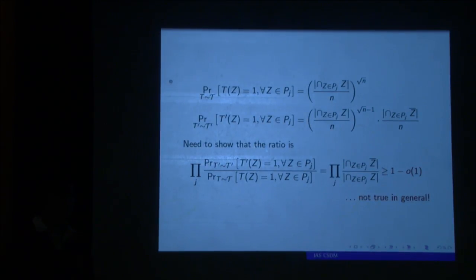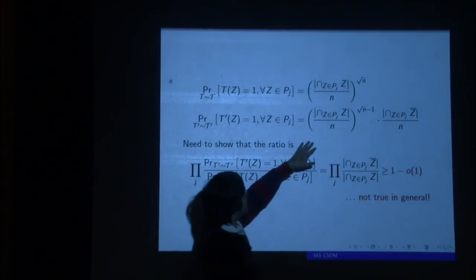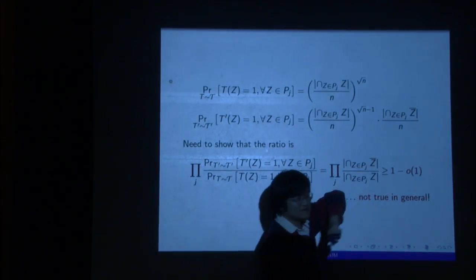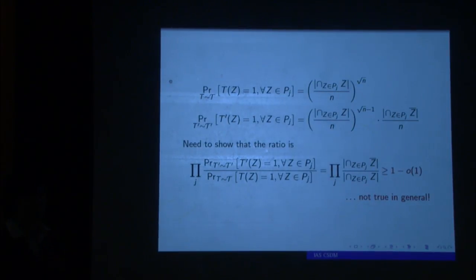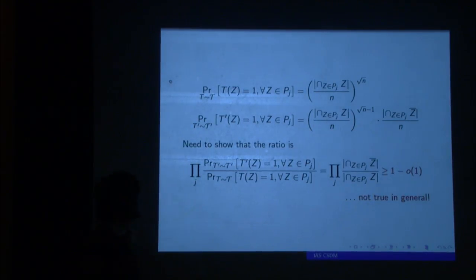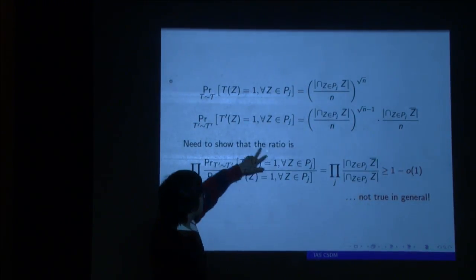That's exactly the probability. For the no case, everything is the same except that you look at the number of common zeros, not the common ones. So if you take the ratio, everything will cancel out. And the only thing left is, here, I put the no part on top.